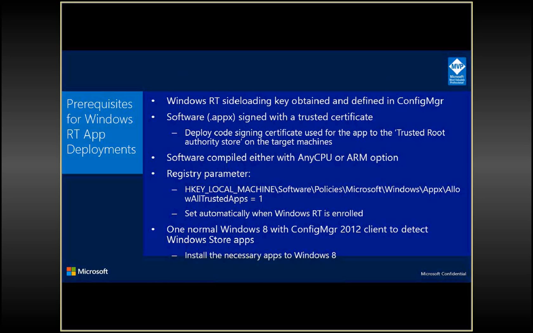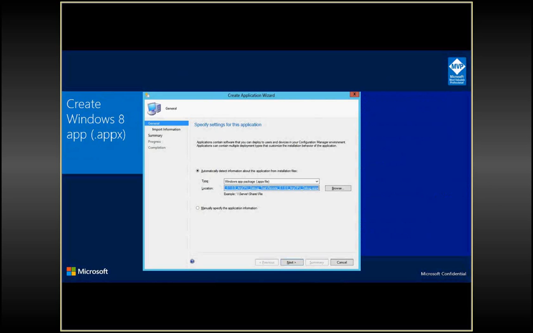And also, if you want to deploy Windows Store apps to your Windows RT devices, then you have to have a normal Windows 8 machine, because Config Manager browses that Windows 8 machine for those Windows Store apps. So if you want to import a new application, you just point to the UNC where your APPX file is, and you select type Windows App Package.